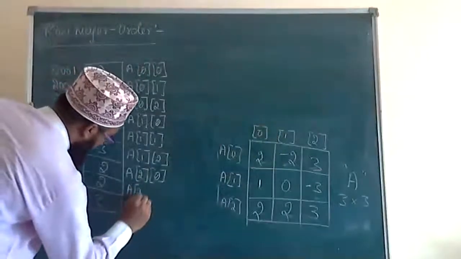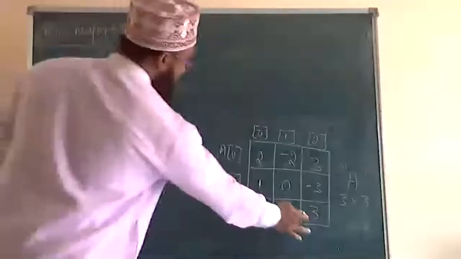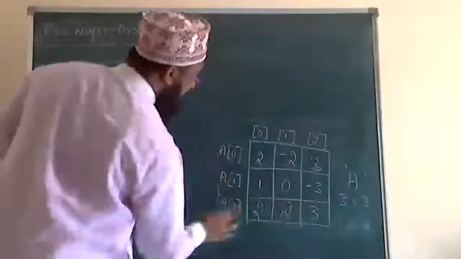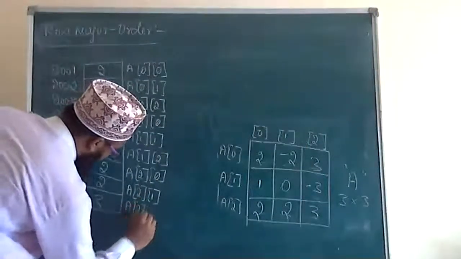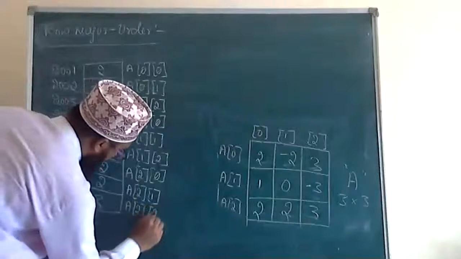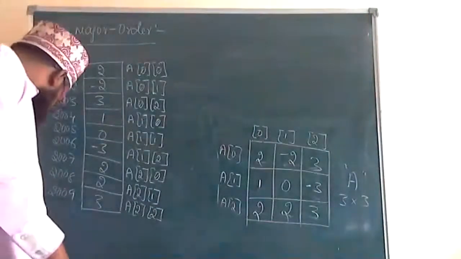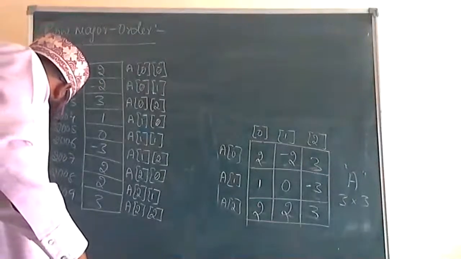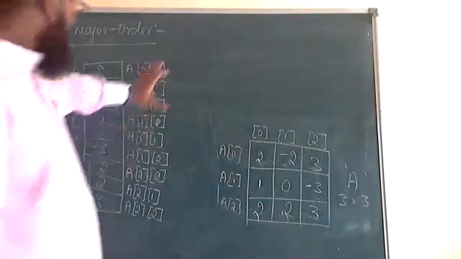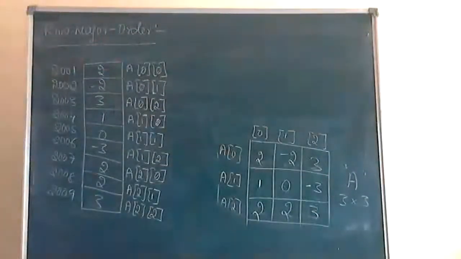Then for 3, it is stored here, a of 2, 2, a of 2, 2. See, like this we can store in row major order.